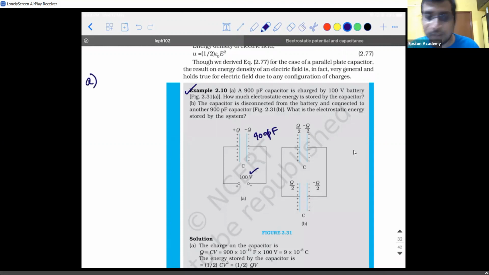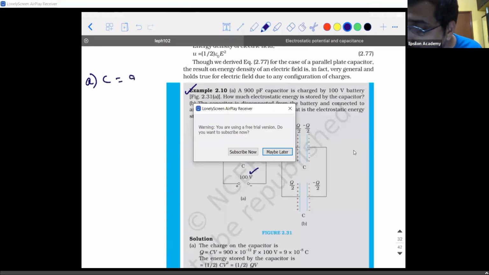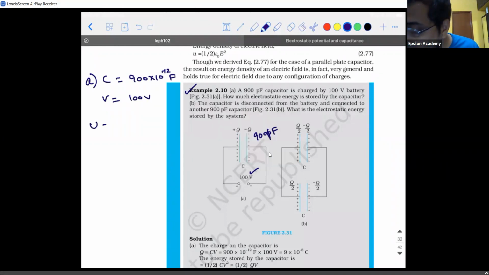So for case A, they're asking what is the energy stored. So what is given in the question? C is given, 900 into 10 power minus 12 farad, and V is how much? 100 volt. So what is the formula for energy now? Just now we saw energy is equal to half CV square.